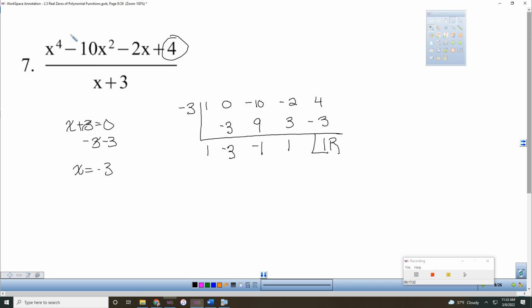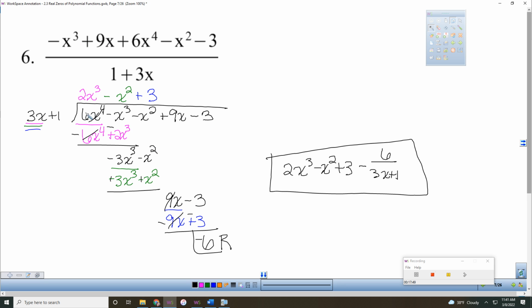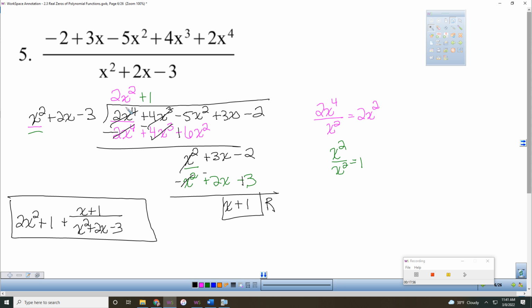Now, since I took an x to the 4th and I divided that by something that was an x to the 1st, I'm just going to subtract those, 4 minus 1, which means this is going to start with an x to the 3rd. If you looked at all of the previous ones we did, if I took a 6x to the 4th and I divided that by a term that had a degree of 1, I ended up with an x to the 3rd, so it was just decreased by 1. Or here, I started with an x to the 4th and I divided by an x to the 2nd, which gave me an x to the 2nd as my first term.